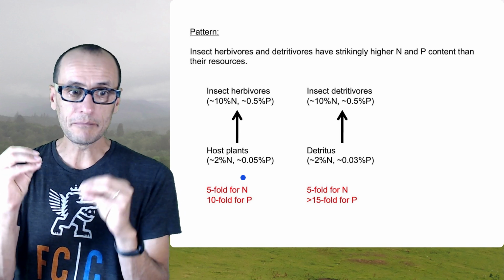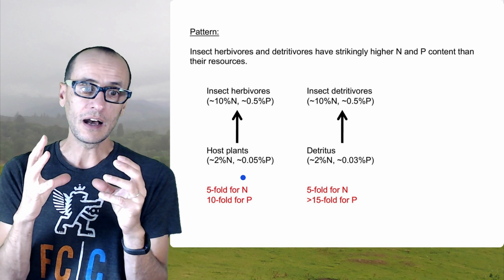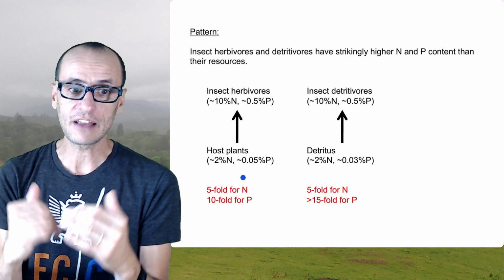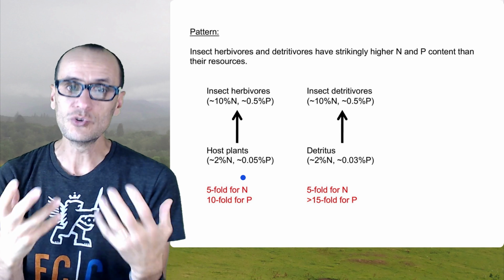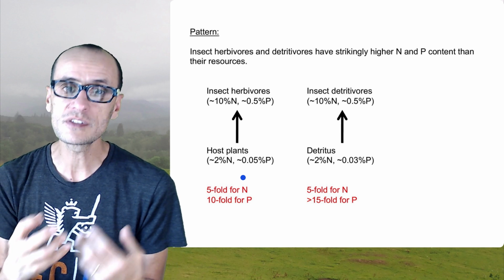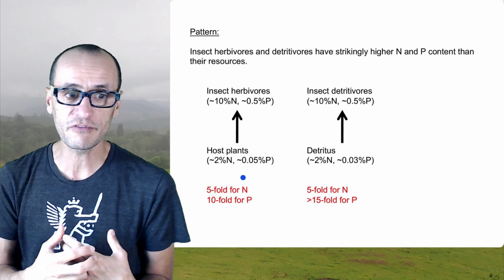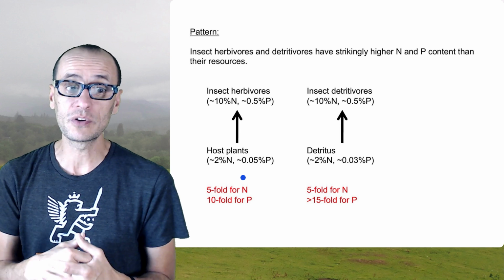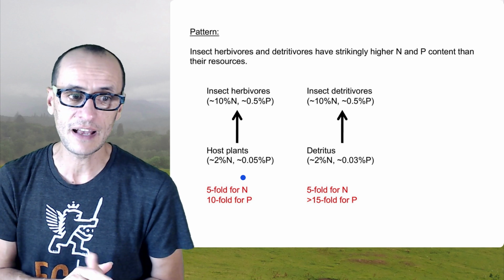And nutritional imbalances created by organisms feeding at these lower trophic levels on nutrient deficient foods, nutrient deficient in terms of nitrogen and phosphorus, can severely hamper their ability to meet their nutrient demands.